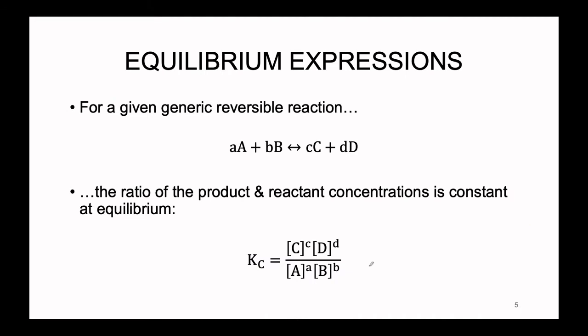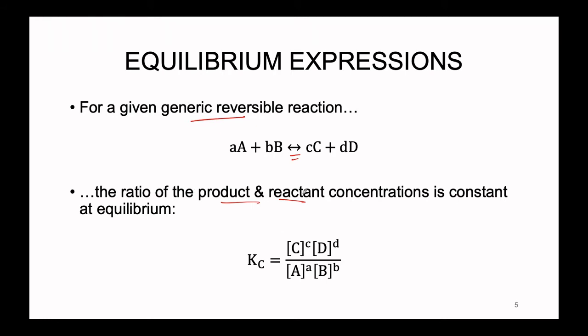And so from this example, we can draw a couple of conclusions corresponding to our generic reversible reaction. Here we have our A plus B reacting reversibly to create C and D, and this reaction is also running in reverse. We just rearranged our previous example to be a ratio of product concentration divided by reactant concentration, and here we can do the same thing for the generic reaction.